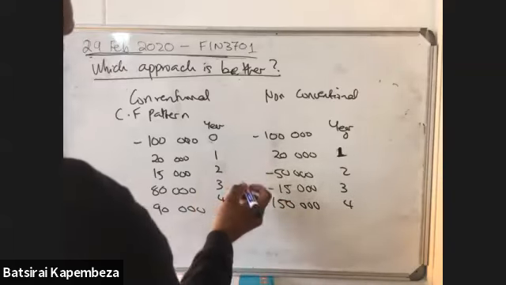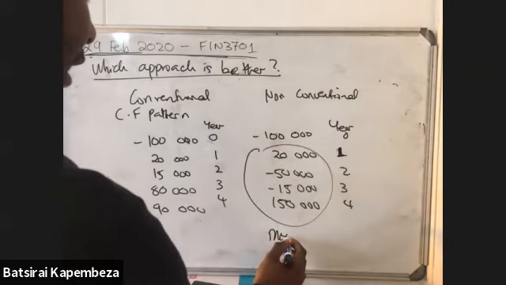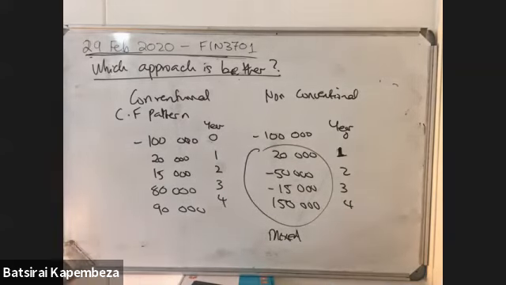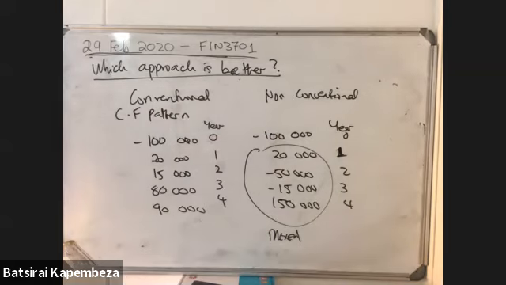So now here we have mixed cash flows. We call this non-conventional. Here they are all positive, so we call this conventional. If you have something like this, the IRR will not work. It will give you many different answers and it won't make sense when you're trying to make a decision.